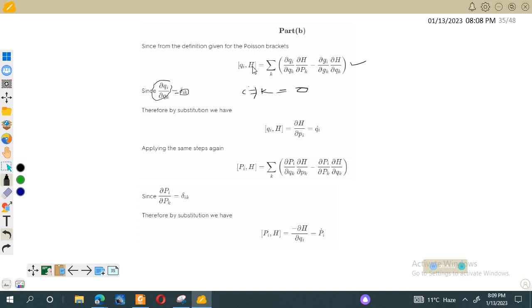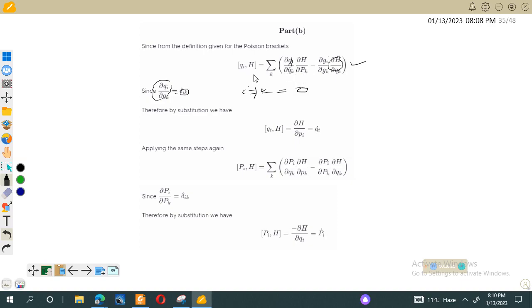So when i is equal to k, this becomes 1 and partial H over partial pi, and the second term goes to 0 because of partial qi over partial pk.